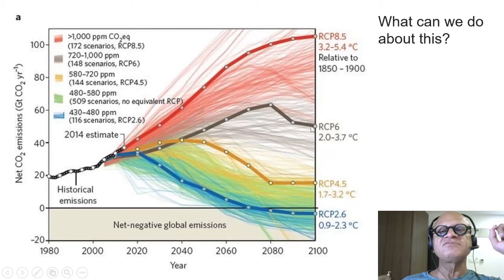RCP 6 gives you 6 watts per meter squared additional forcing at the top of the atmosphere. And the business-as-usual scenario, RCP 8.5, basically takes us into places where we don't want to go in terms of warming. With respect to 1850 to 1900, it gives us 3.2 to 5.4 degrees centigrade, and you can see the range there is quite large as well.